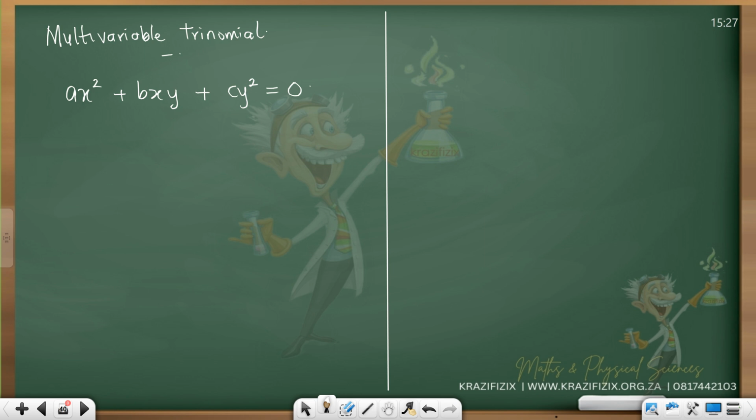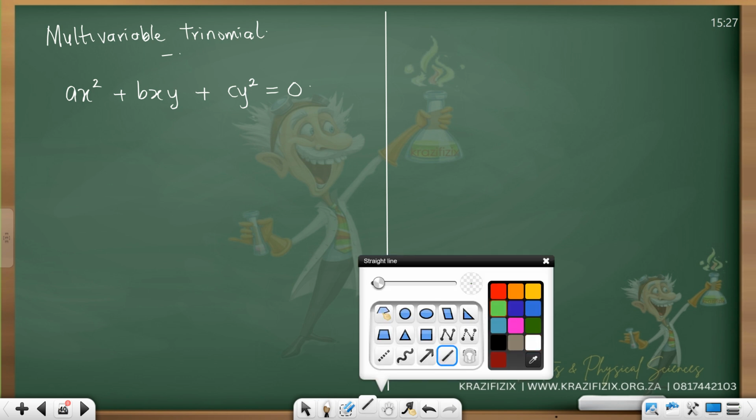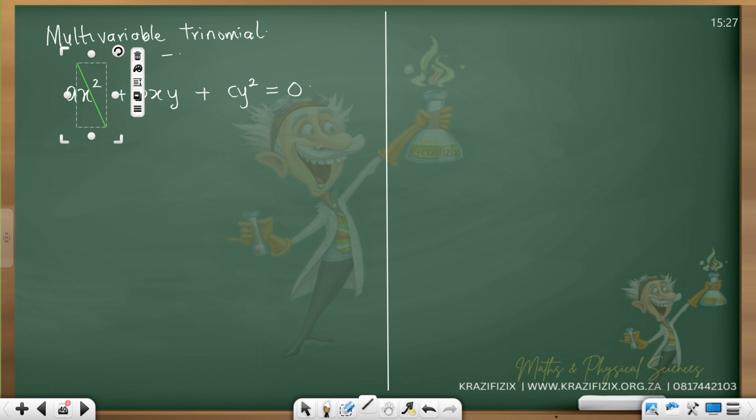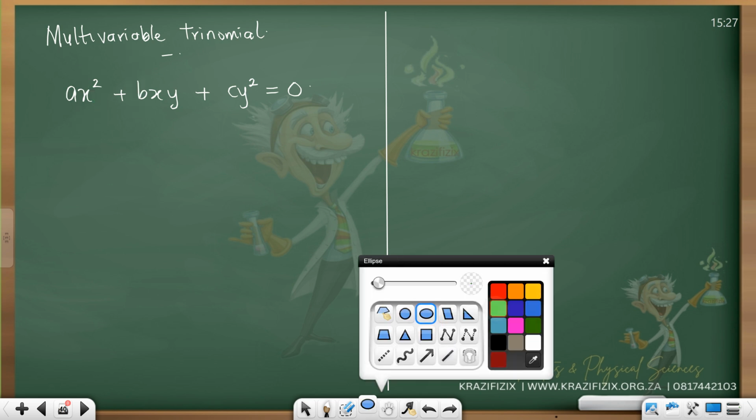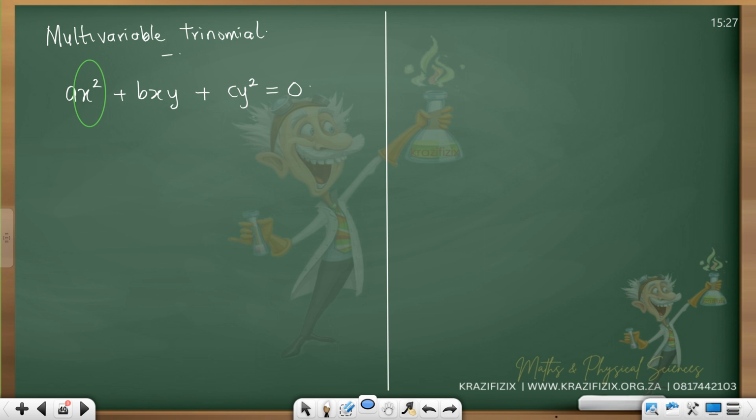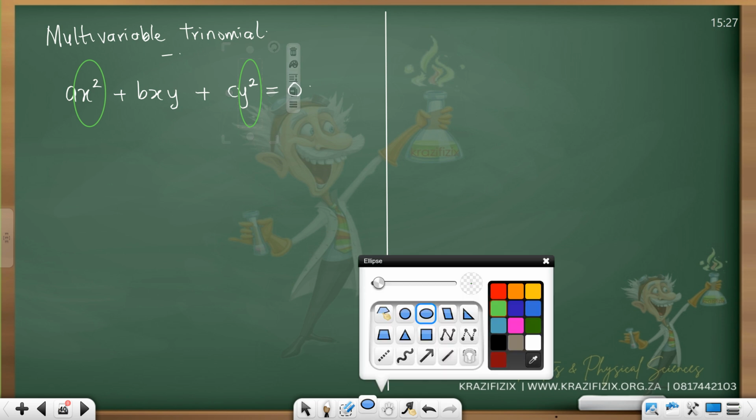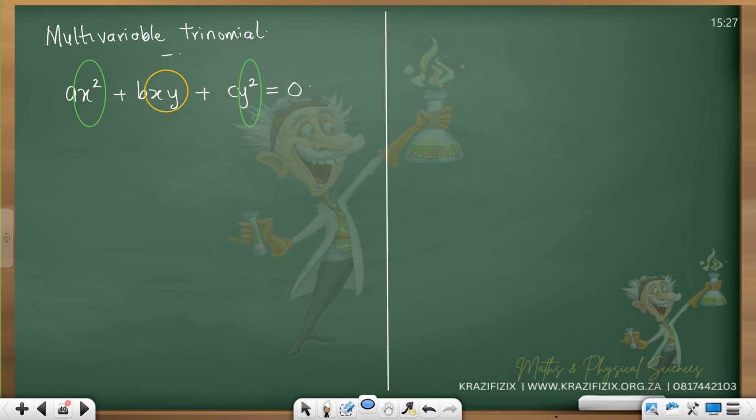Your focus should be here. I have x squared. I have y squared. Once I have x squared and y squared, and in between I have one of each, then I'm fine. So there's x squared, there's y squared, and both of them are present. Then it's solvable.